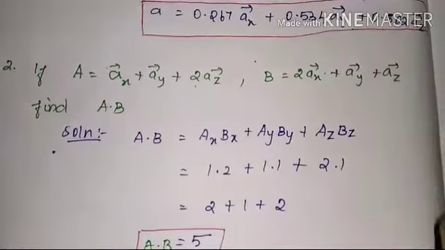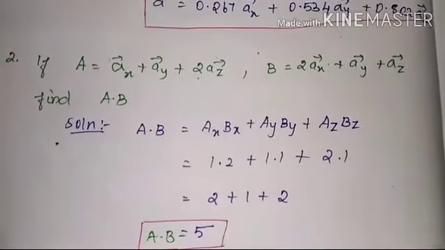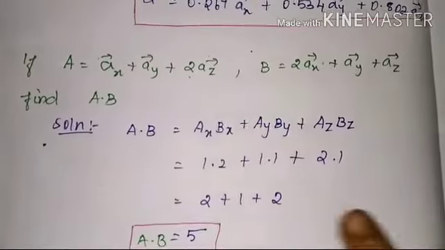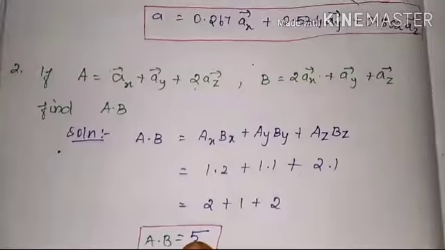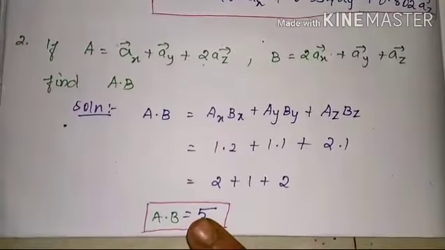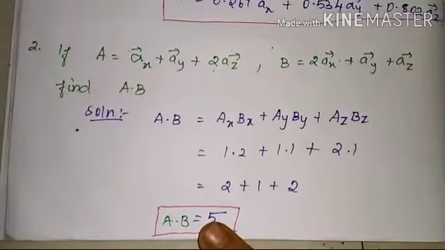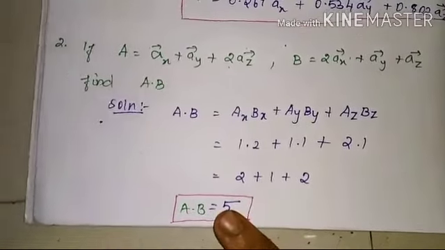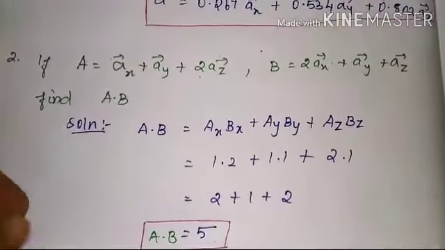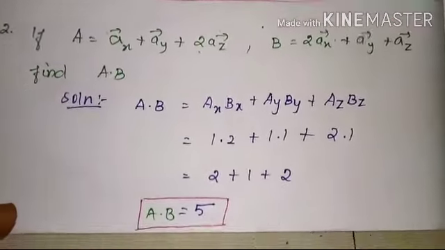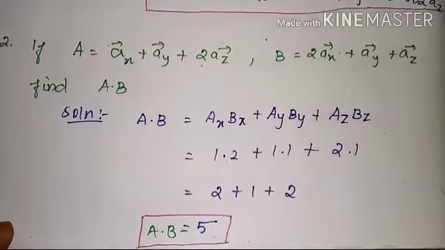Coefficient of az and coefficient of az to be multiplied. So 2 plus 1, after that we have to add all the values. So 2 plus 1 plus 2, which gives us the value of 5. So A dot B is equal to 5. Likewise, they may ask A dot B, A cross B, curl of A vector, divergence of A vector. Likewise, this kind of small questions only they may ask from this topic based on vector analysis.